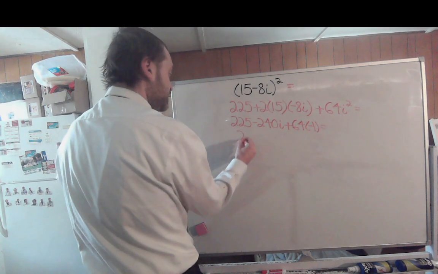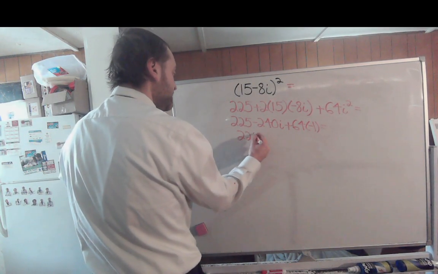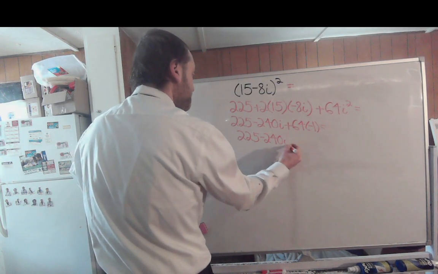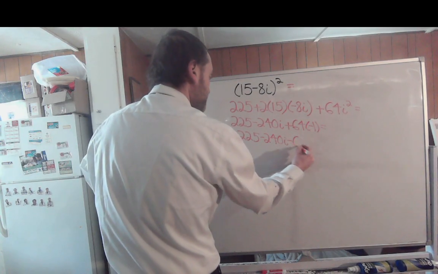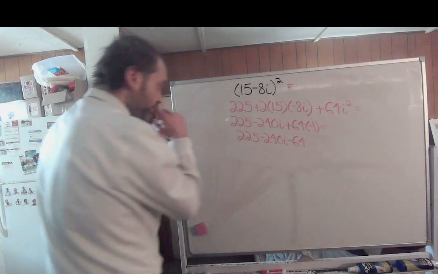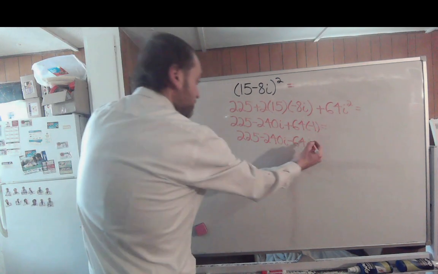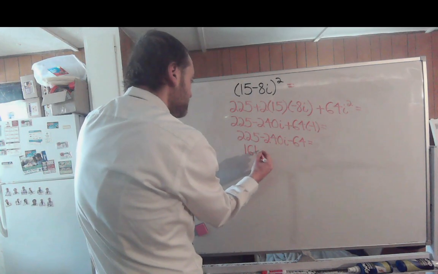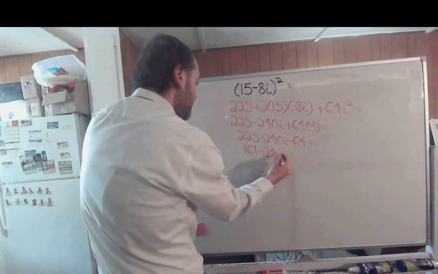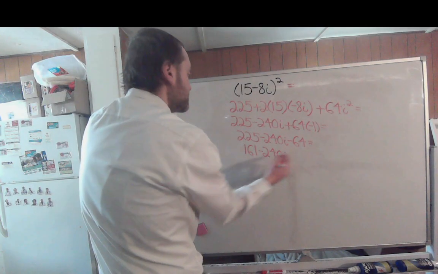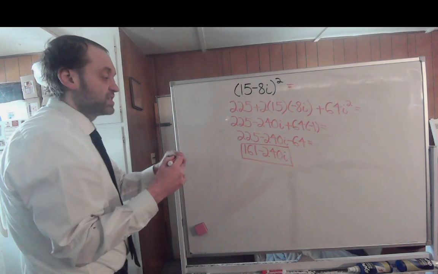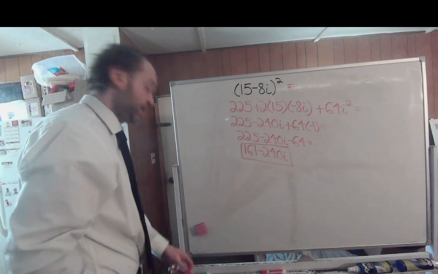So this will turn into 225 minus 240i minus 64. So in standard form, this would be 161 minus 240i. That is going to be the complex number in standard form, 161 minus 240i.